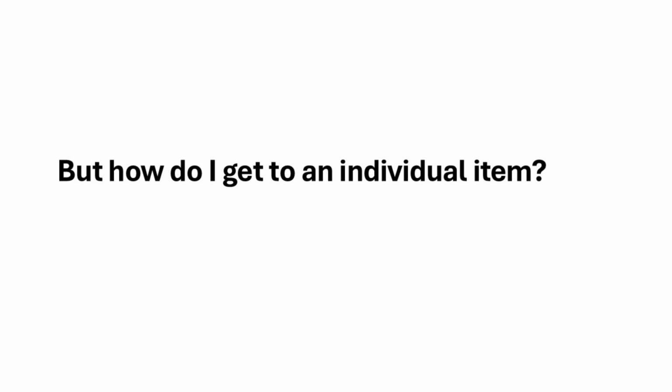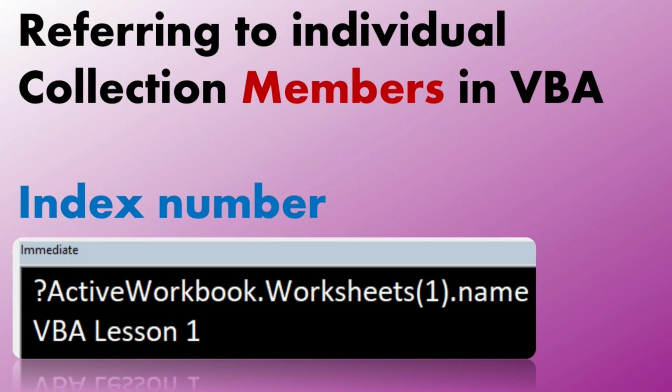There are several ways to do this. The first way to get to an individual object, or member, of a collection is to use that member's index number. Collection index numbers start at 1 and will go as high as there are objects in the collection. Here we see a debug.print command.